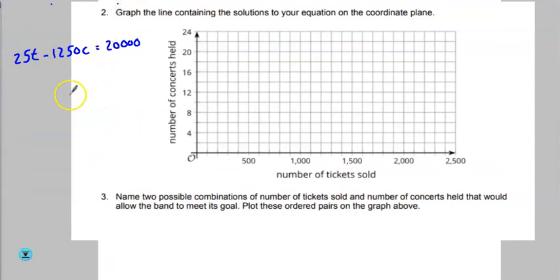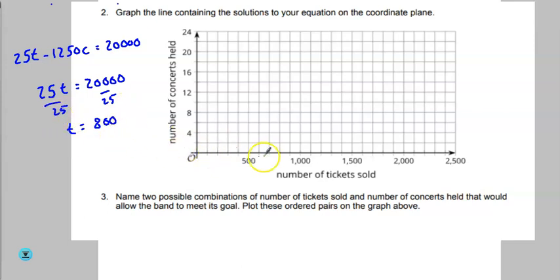So if I forget the concerts, if we just did the tickets, 25 tickets equals $20,000, and you divide by 25, you get T equals, let me grab my calculator. $20,000 divided by 25, that's 800.